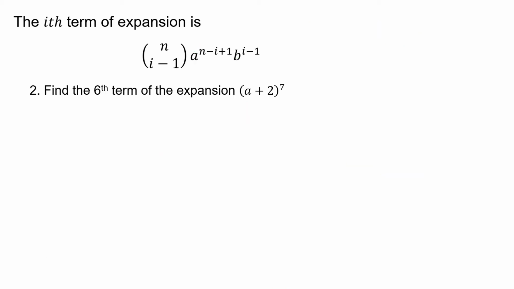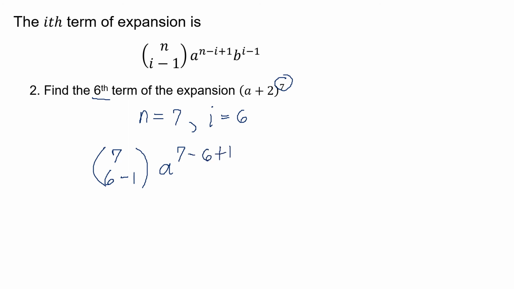If we are going to get the sixth term of the expansion of a plus 2, the quantity raised to 7, n is equal to 7, the exponent, and i is equal to 6. So we now have 7 taken 6 minus 1 times a raised to 7 minus 6 plus 1, and this is 2 raised to 6 minus 1.